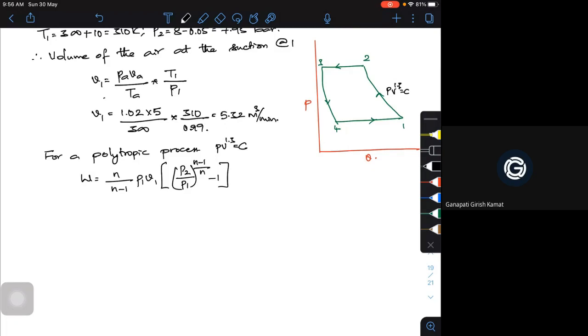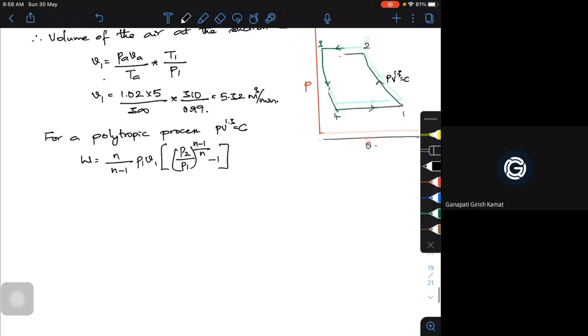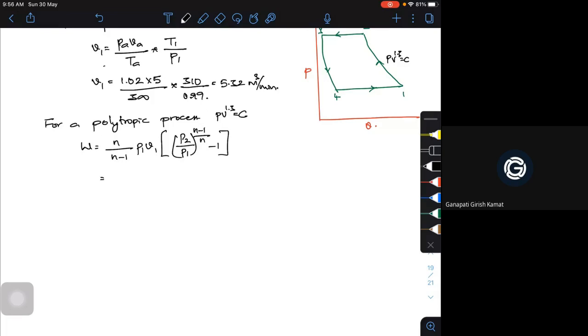Now, let's substitute each and every value. N is 1.3. So 1.3 divided by 1.3 minus 1, into P1, which is 0.99 into 10 to the power of 5, into V1, which is 5.32 meter cube per minute. I want this in terms of power, so I divide by 60.